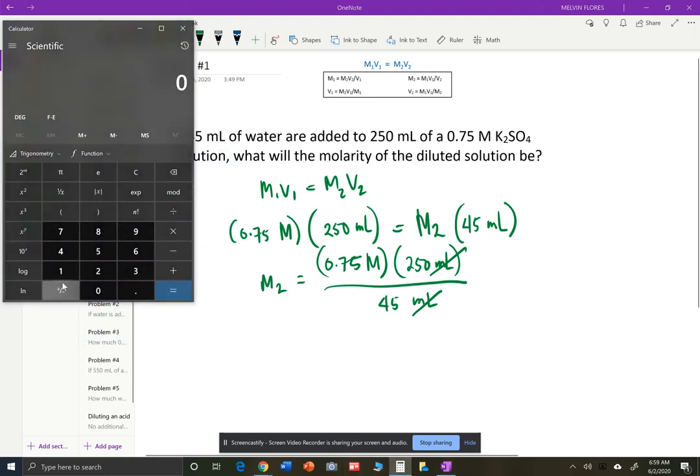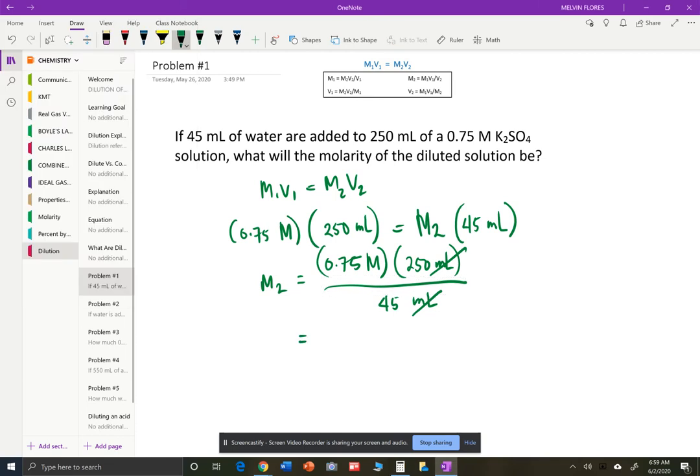So we have 0.75 times 250 divided by 45, and you'll get 4.16 or 4.17. So your M2 is 4.17 molarity. That's going to be the molarity of the final concentration of your solution.